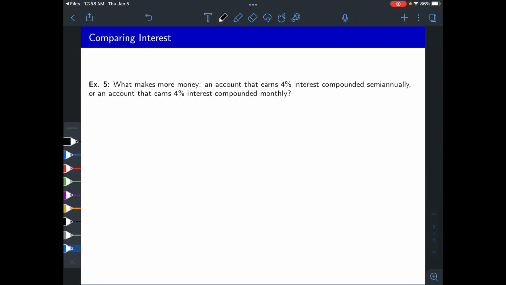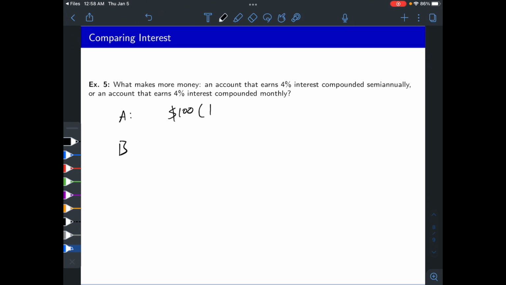or more rigorously, I guess, because the previous thing was still quite mathematical. So let's pretend that we have a $100 deposit, and then let's do both cases.